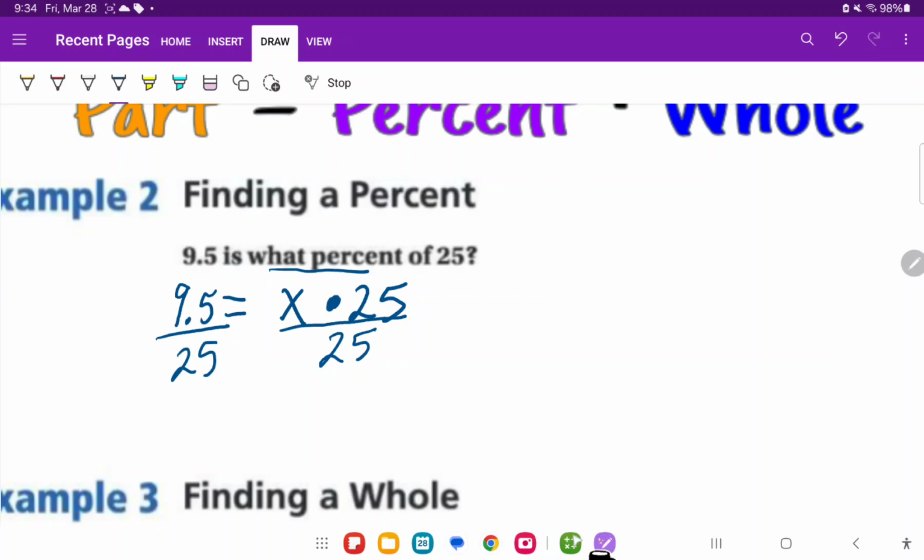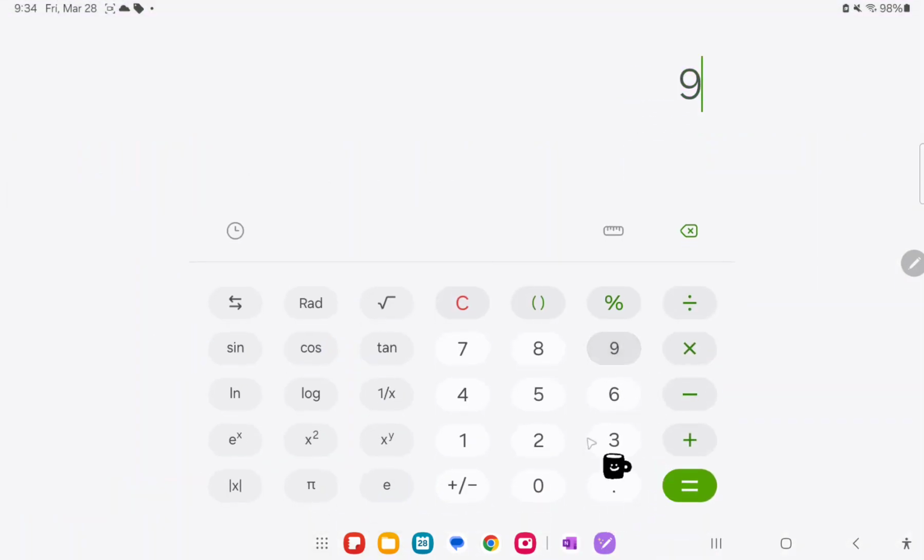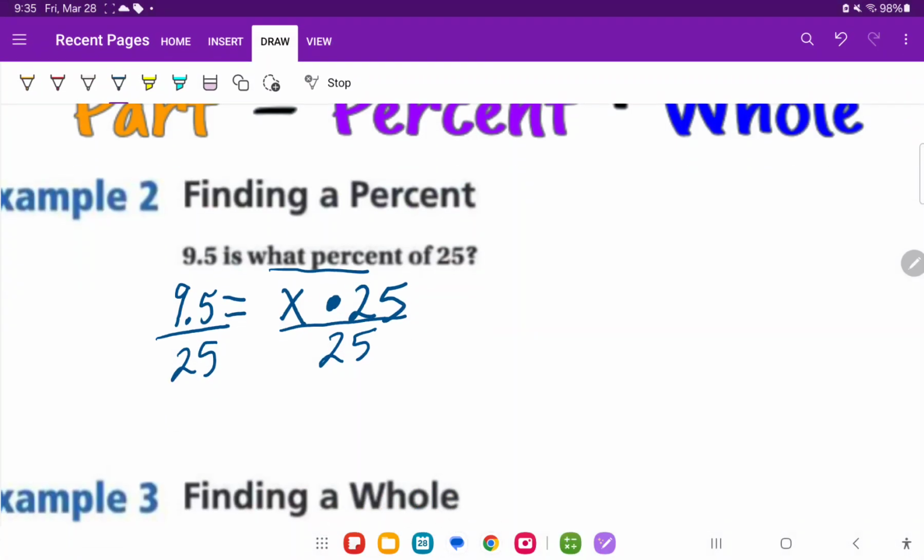So 9.5 divided by 25 is going to be 0.38. So 0.38 is equal to x. Now, since it says what percent, we want to write that as a percent.